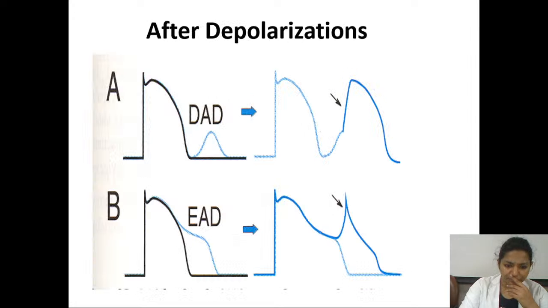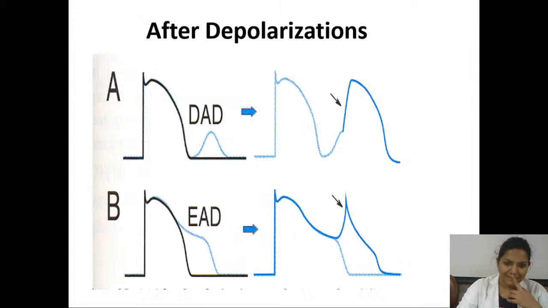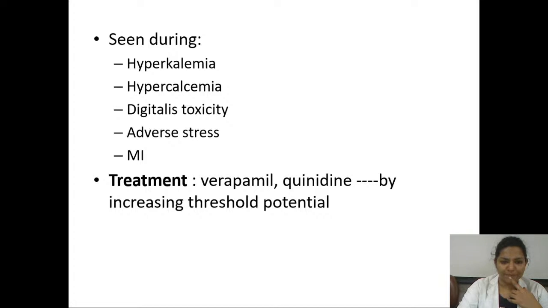If the threshold potential here is increased, then this calcium influx will not be able to stimulate the cell enough for another action potential. So by increasing the threshold potential, we are preventing the delayed action potential from happening.